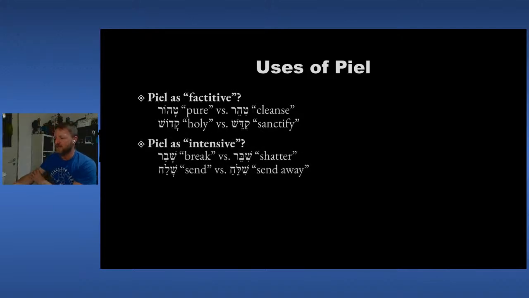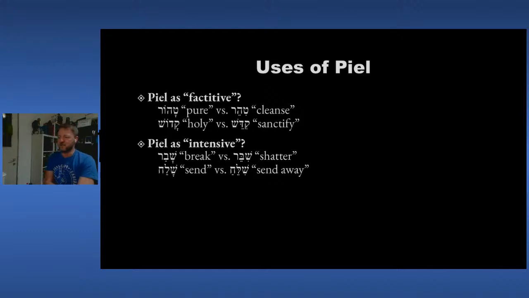Okay, Piel as intensive. This is where you have a root that is expressed in the kal, and the same root is expressed in the Piel. It will become intensified. So shavar, he broke, becomes shiber, he shattered. So when it says that Moses broke the tablets of the Ten Commandments, it doesn't say Vaishbo, he broke them. It says Vaishaber, he shattered them, meaning that he broke them to pieces.